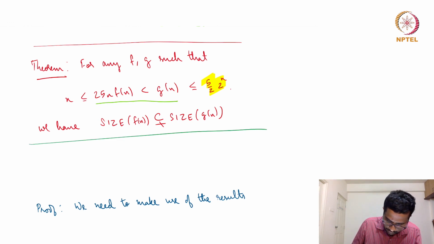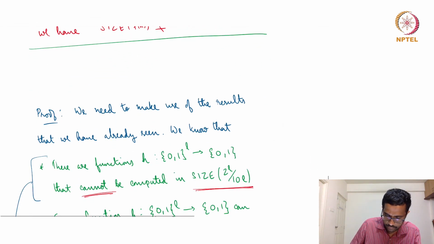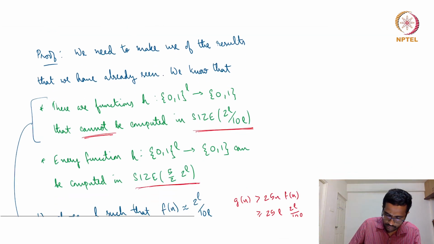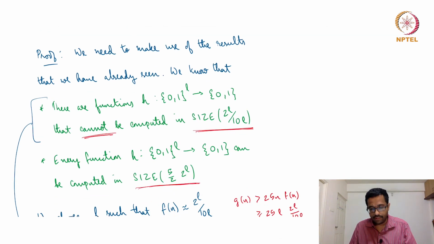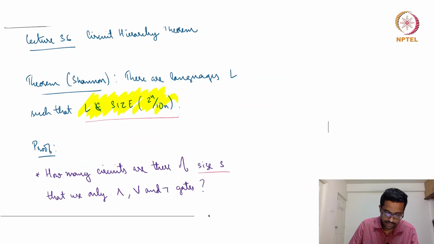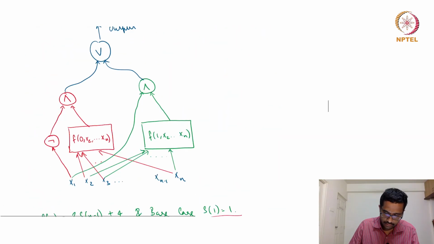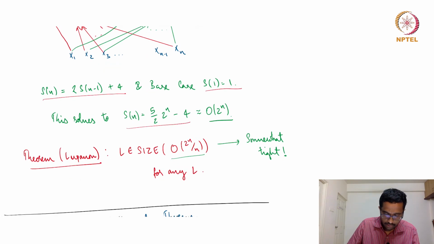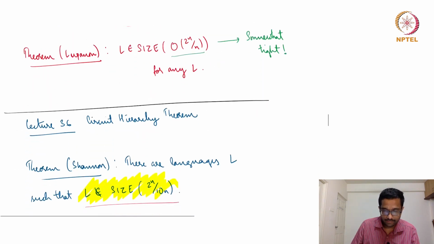In fact, for this proof, we used that every function can be computed in size 5 by 2 multiplied by 2 power n, which is the bound we showed in the previous lecture. However, I said that there is Lupanov's bound which says that every function has a size 2 power n divided by n circuit.